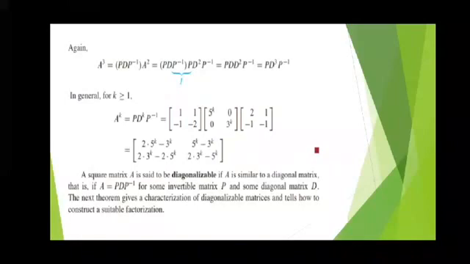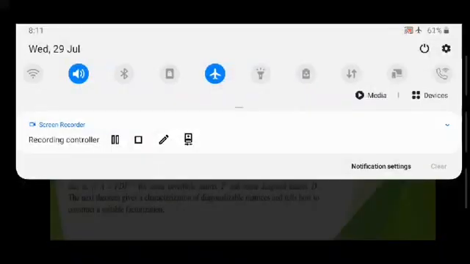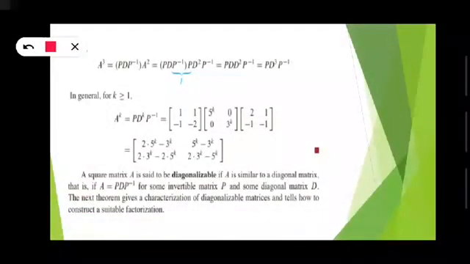So here we know the P value: 1, 1, minus 1, minus 2, and we know D power k, that will be 5 power k, 0, 0, 3 power k. Next P inverse, we know that: 2, minus 1, 2, 1, minus 1, minus 1. First we calculate this.